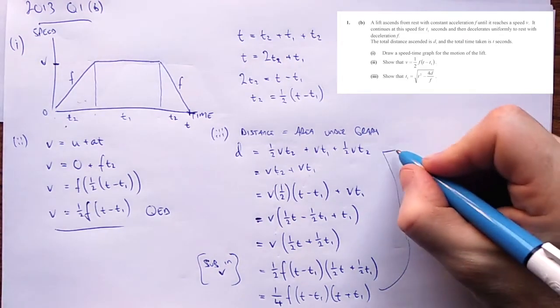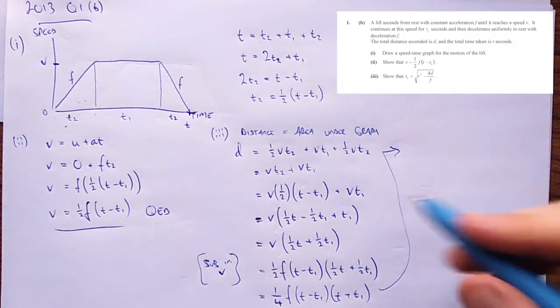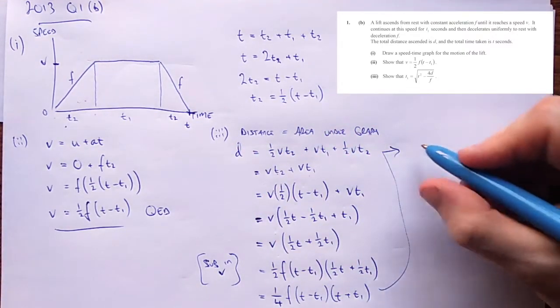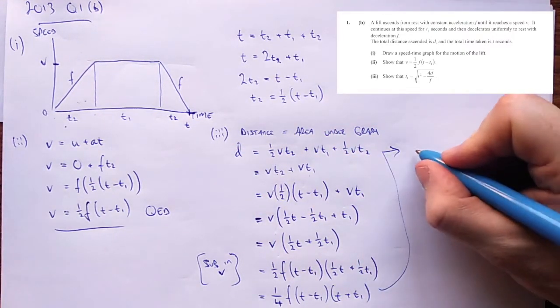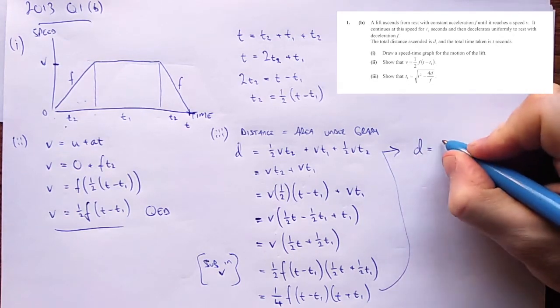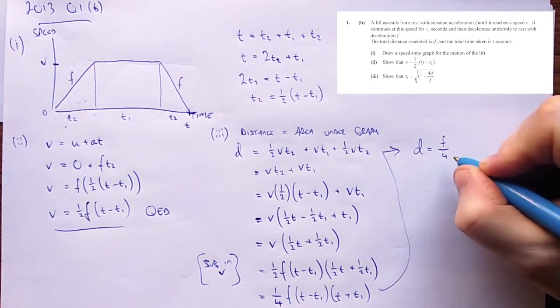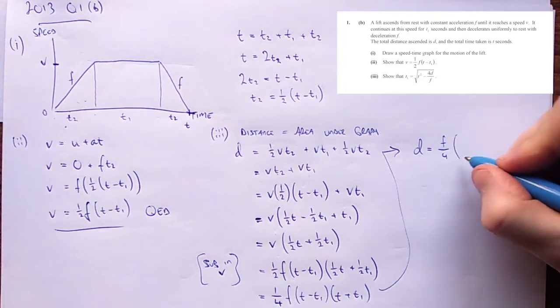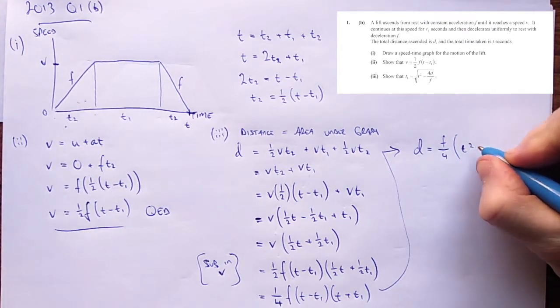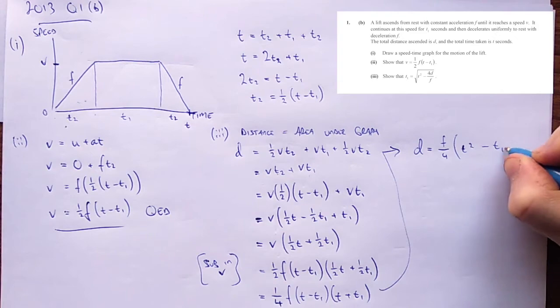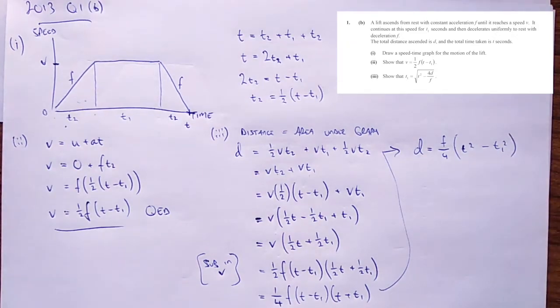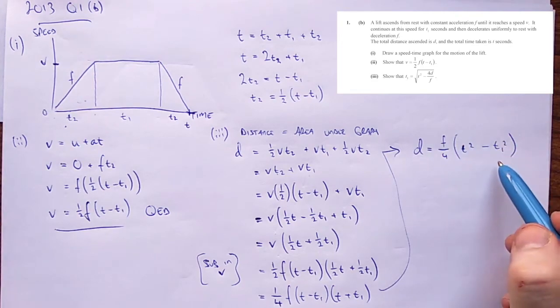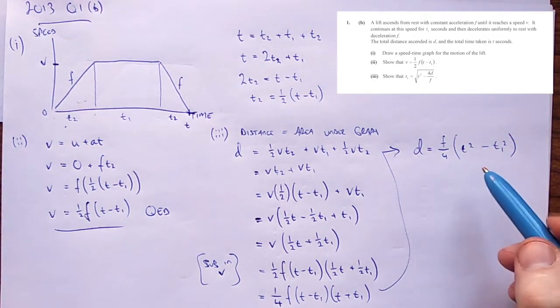So we're going to come up here. So what was on the other side? We had d. Okay, so let's say we have d equals f over 4, we'll just combine those two. A factor of t squared minus t1 squared. Little check in, and this is looking rather good. We have all the bits and pieces we need, so it's just a question of tidying this all up.